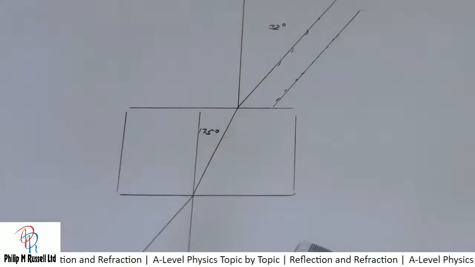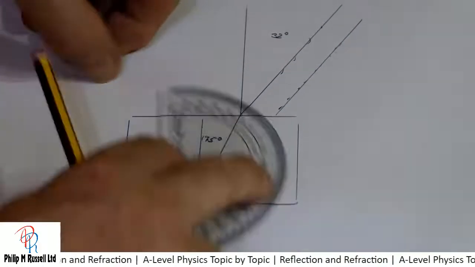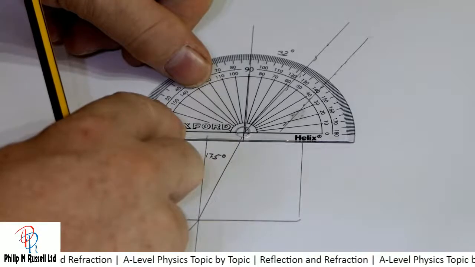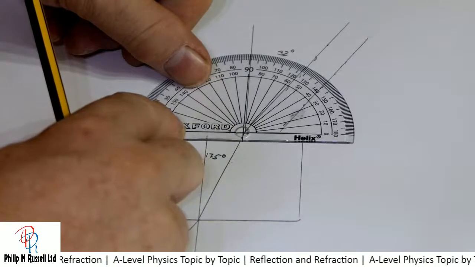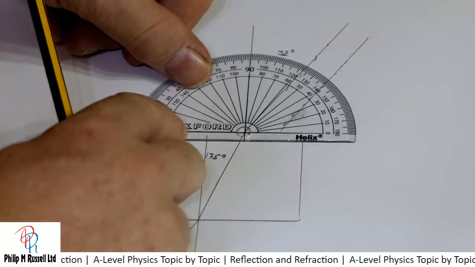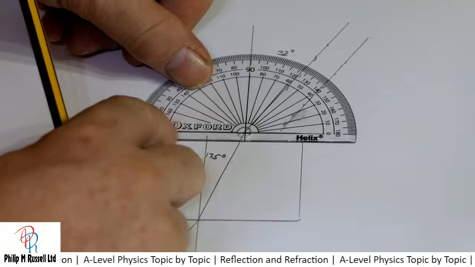And that probably suggests that my normal wasn't absolutely right. It was not too bad. Probably about half a degree out.